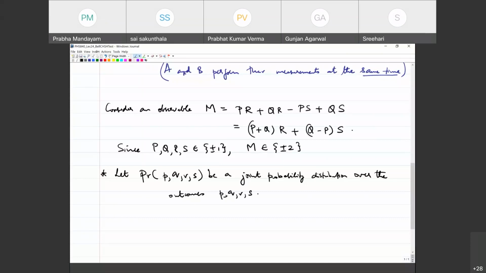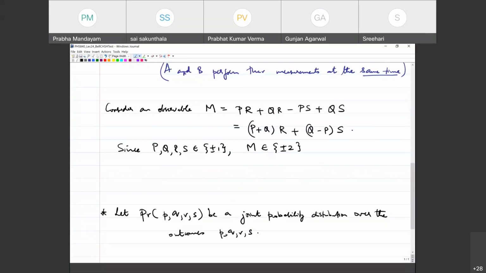So what do I mean by this? So first let me say, let P denote the outcome of measuring observable P. Okay. Let Q denote the outcome of measuring observable Q, etc. Right? So also R and S.